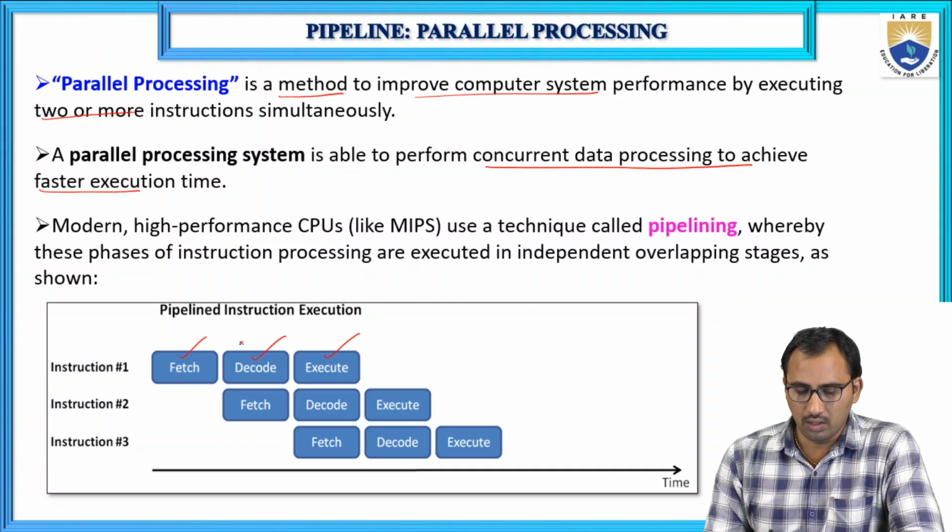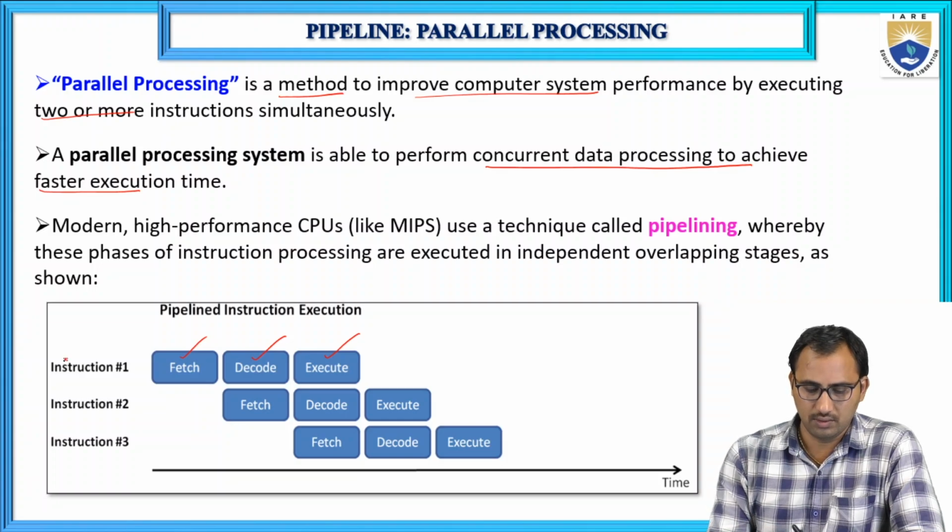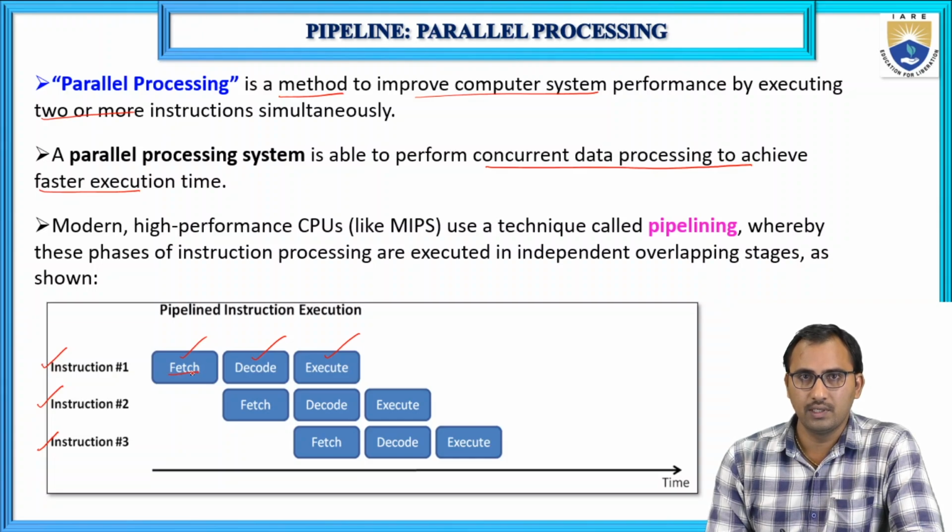That's why it is called three-stage pipeline instruction execution. Let's assume the program consists of three instructions: instruction 1, 2, 3. The first instruction will be fetched from the memory, then decoded, and then executed.